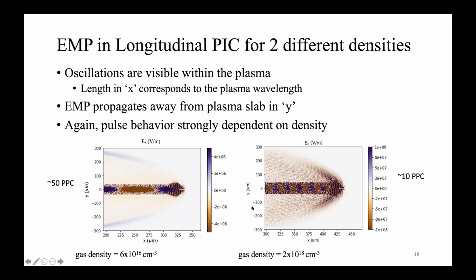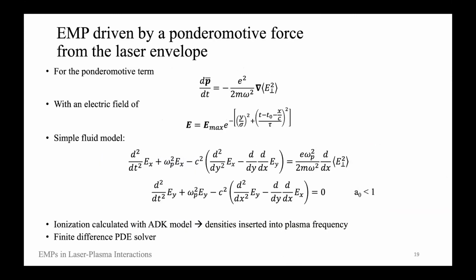And so the question became, is there some sort of reduced simple model that will still show us this EMP without all the noise and with the quicker runtimes? And the answer is a simple fluid model that's driven by the ponderomotive force with a term from the laser envelope. So we have your usual ponderomotive term.